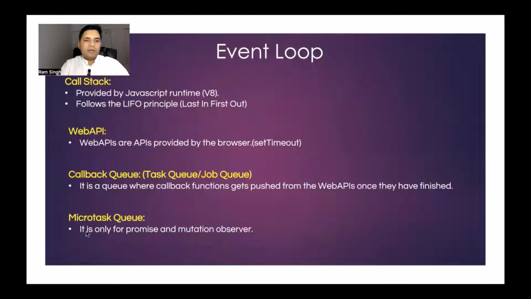Next is the microtask queue. This is specific to promises and mutation observer, where it maintains all the callback functions which are finished from the web API and pushed to the microtask queue, but this is specific to promises and mutation observer.